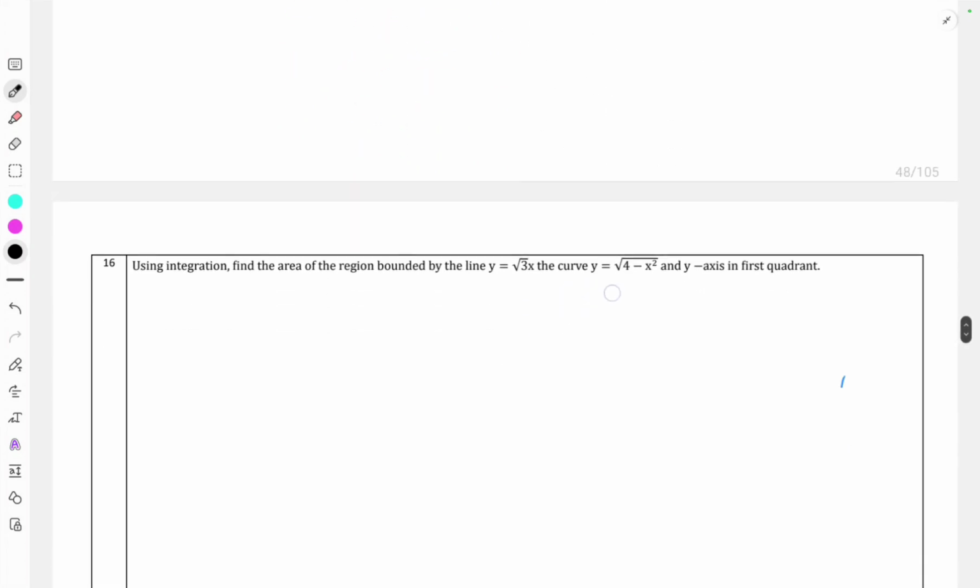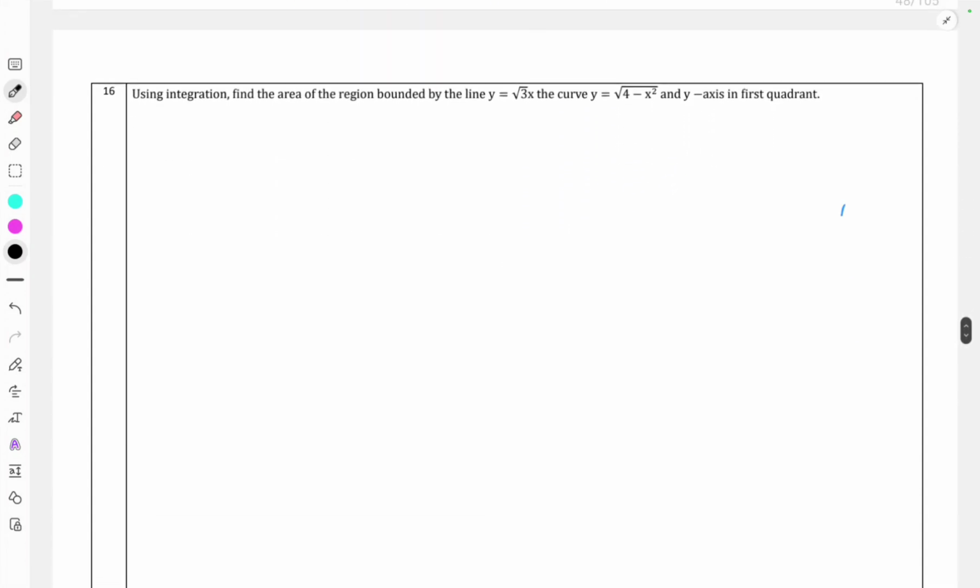Now we can start the second question. Using integration, find the area of the region bounded by the line y equal to root 3x. See here, in this y equal to mx plus c form, if we have a constant part c, they can give the equation in this form also: ax plus by plus c equal to 0.